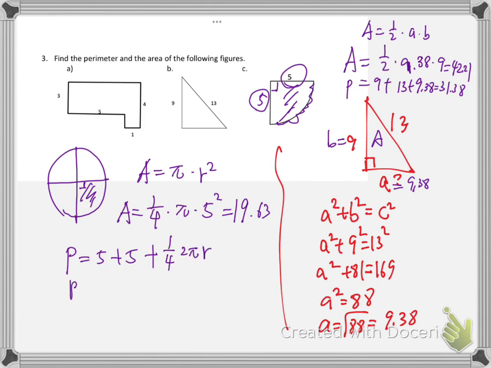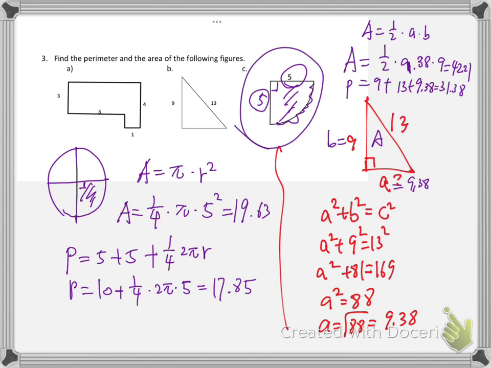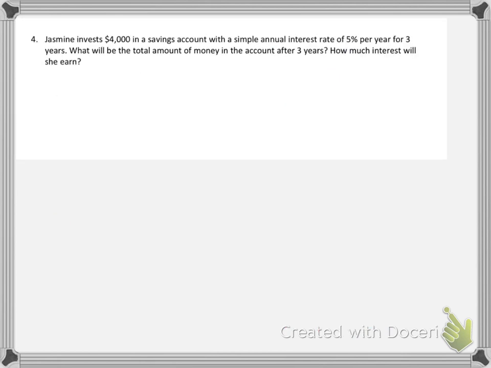So P will be 10 plus 1/4 times 2 pi times 5. So now you got 17.85. Use a calculator. The harder part is you have to figure out that question C is a quarter of the circle. So that's number 3.